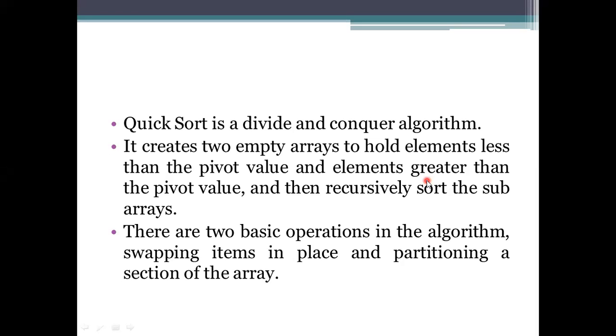Quicksort uses a value taken from the specified list of elements, which are in unsorted order, and that element is named the pivot element or the pivot value. This pivot element will partition the elements we have.